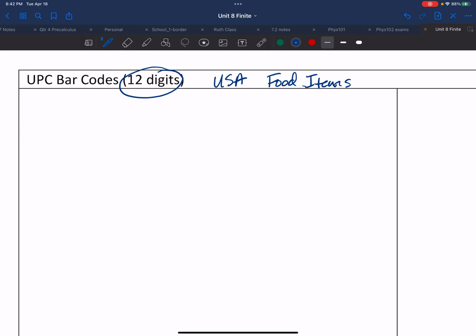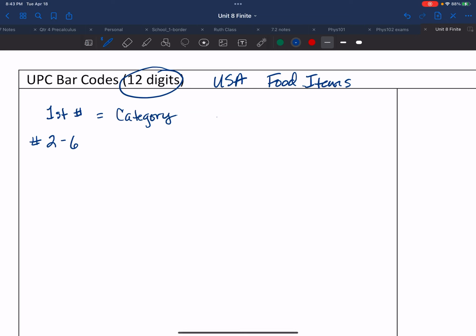So the way that we read a UPC barcode is that the first number is considered the category. Is it cereal? Is it ice cream? Is it a food item? Is it a toiletry, etc.? The next one is going to be your manufacturer, so numbers 2 through 6. Apologize, not sure what's happening with those lines there.